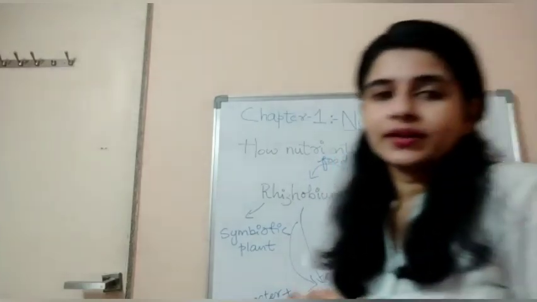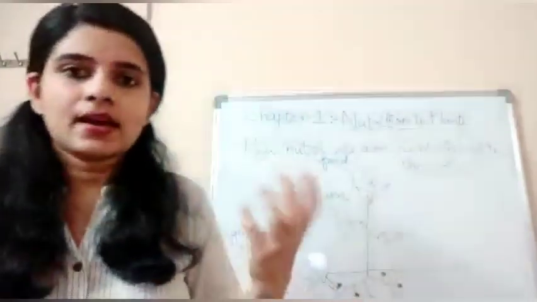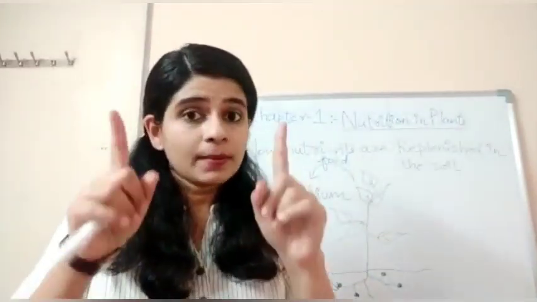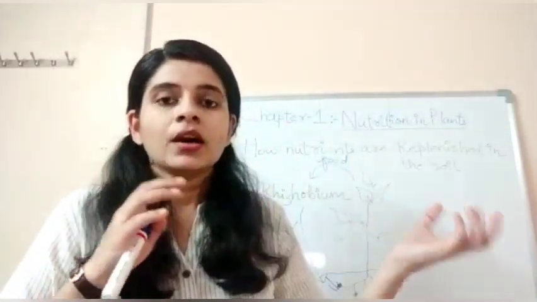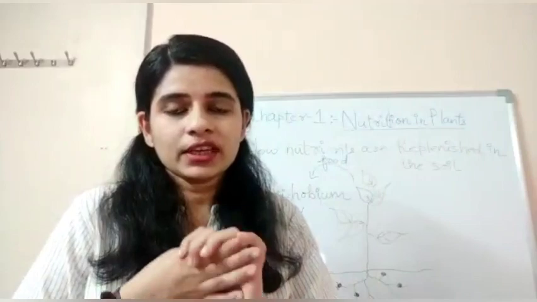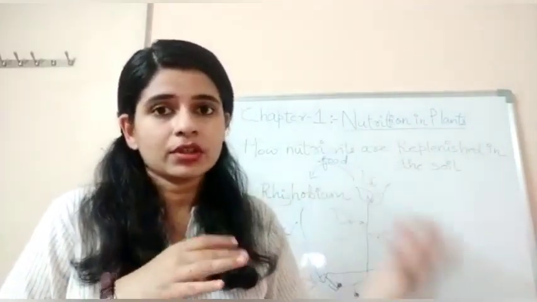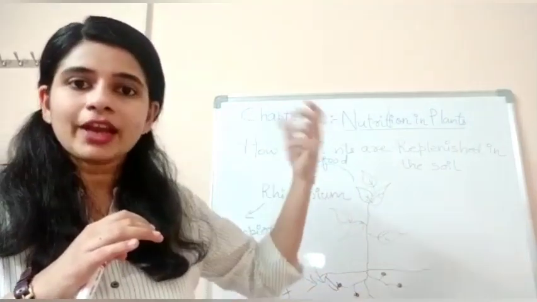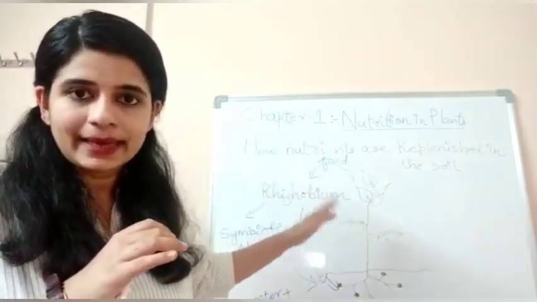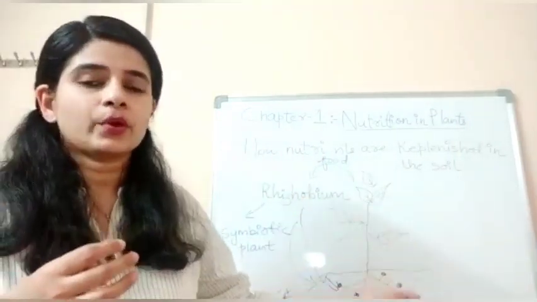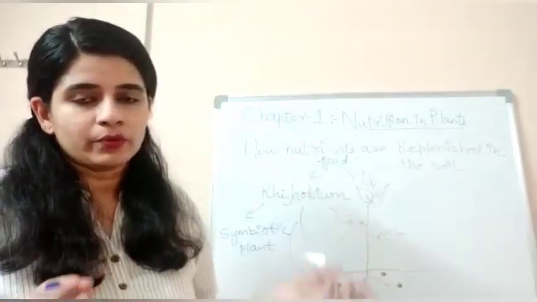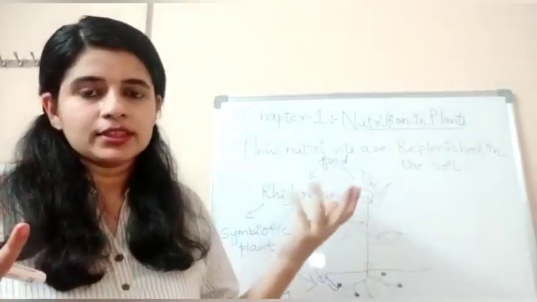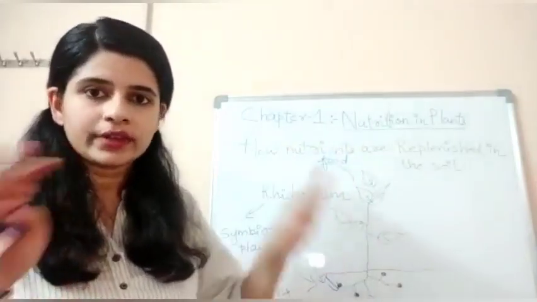Okay, so rhizobium and leguminous plants are a perfect example of symbiotic organisms. They live together with each other and they help each other. That is, rhizobium will give nitrogen and other nutrients to the plants, and plants in return will provide the food that they prepare from photosynthesis to the rhizobium.